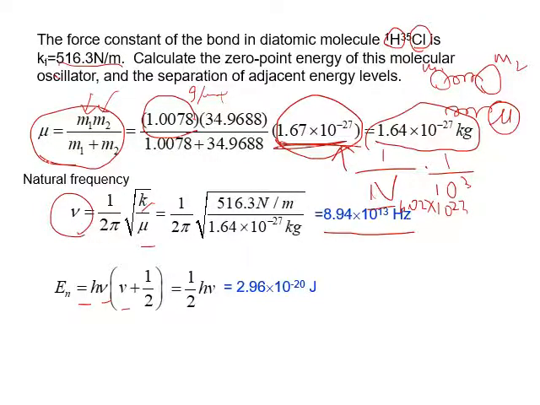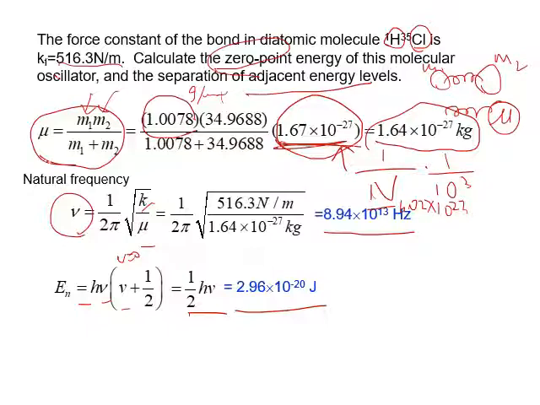So what is the lowest energy level? It is called the zero-point energy. That's the non-zero lowest energy level when v is 0. So that gives you half h nu, and the answer is 2.96 times 10 to the minus 20 joule. So that's the zero-point energy. What's the separation of adjacent energy levels?